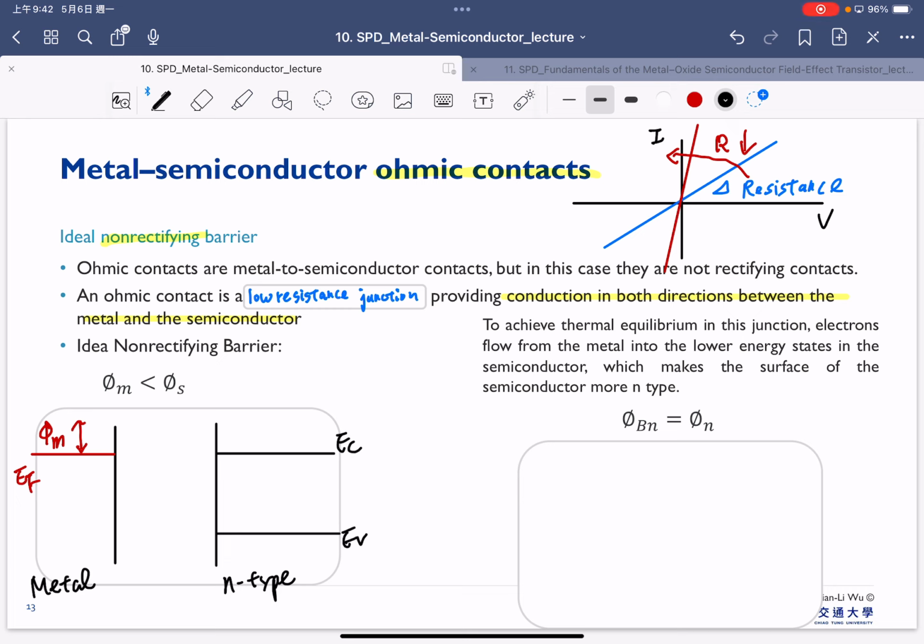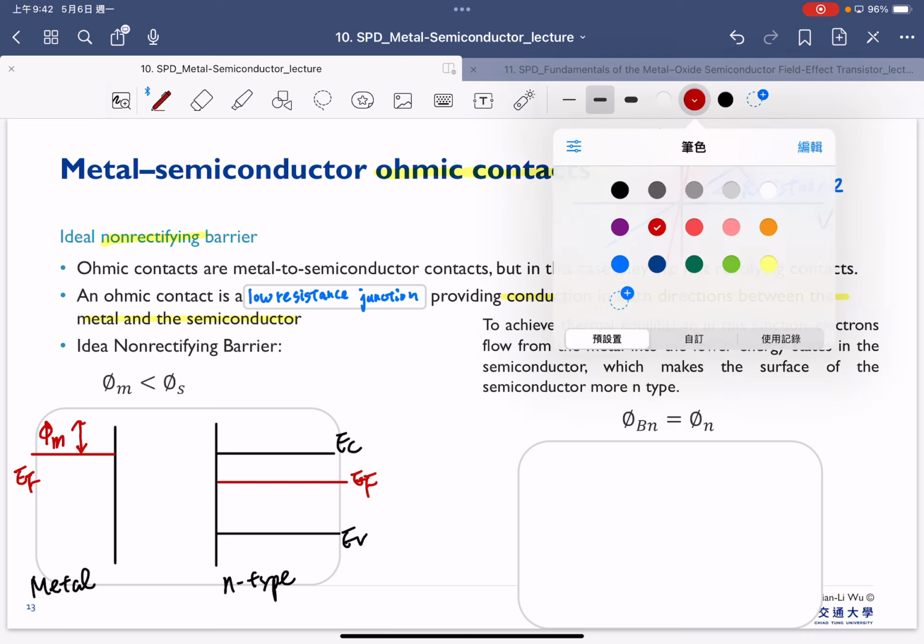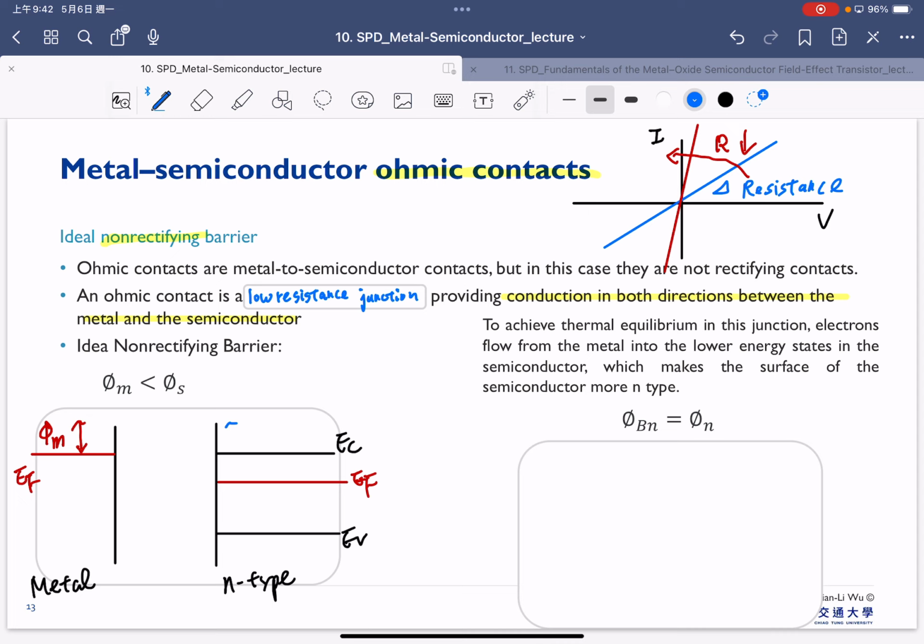Since this is an n-type semiconductor, our EF is close to our conduction band, and therefore we have several parameters here.